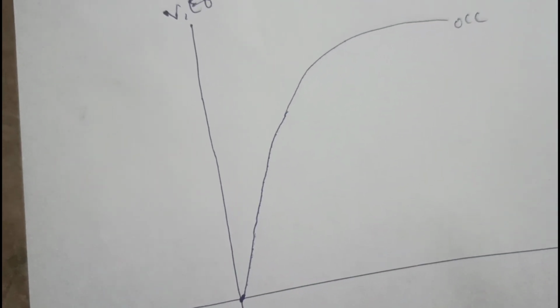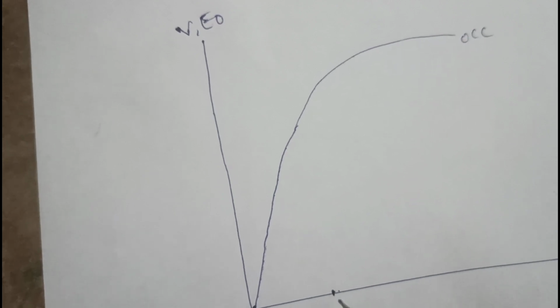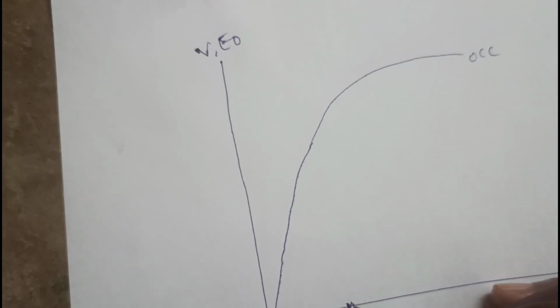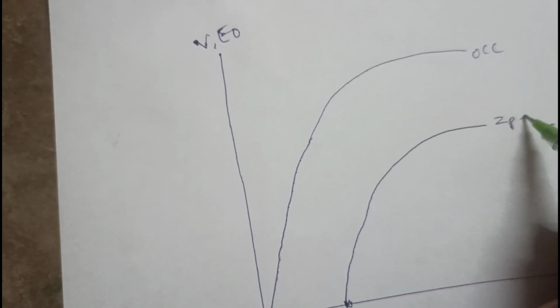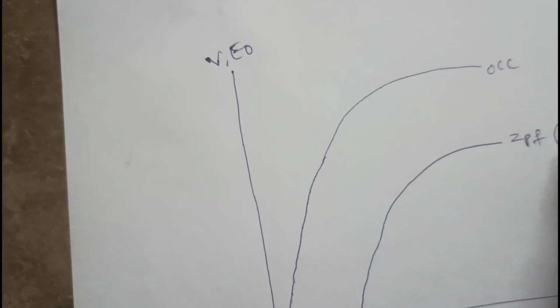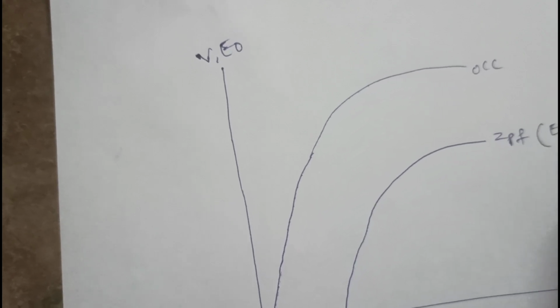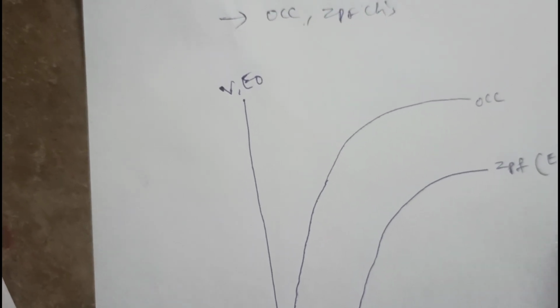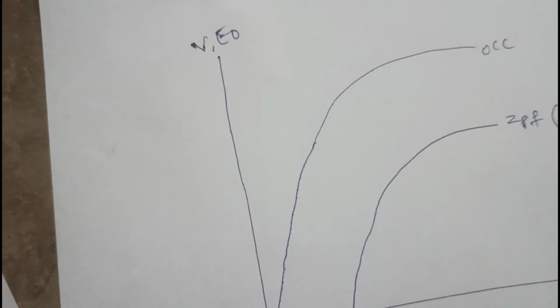Next, the ZPF characteristics. After the demagnetizing effect you get one point. The ZPF is simply EMF versus field current at IA constant. This point is O, and this is F dash.